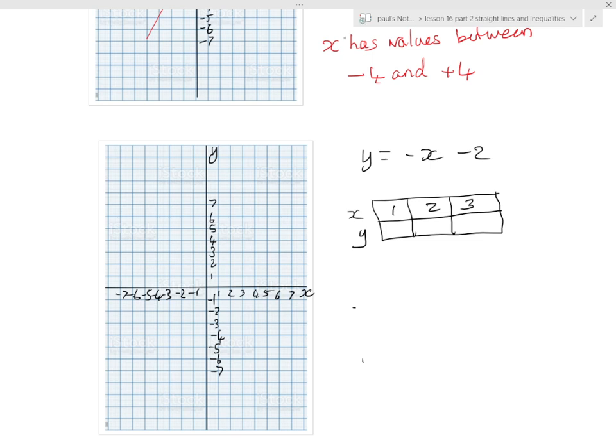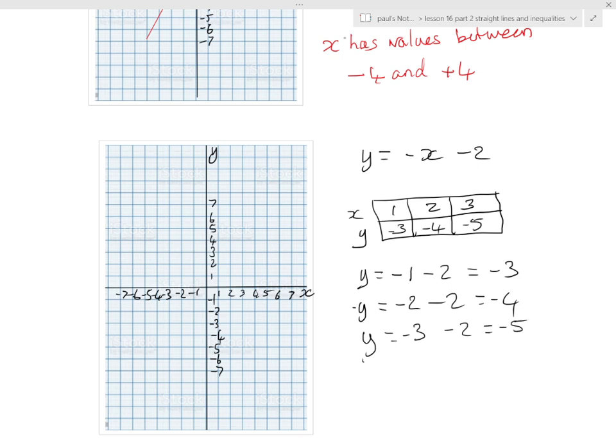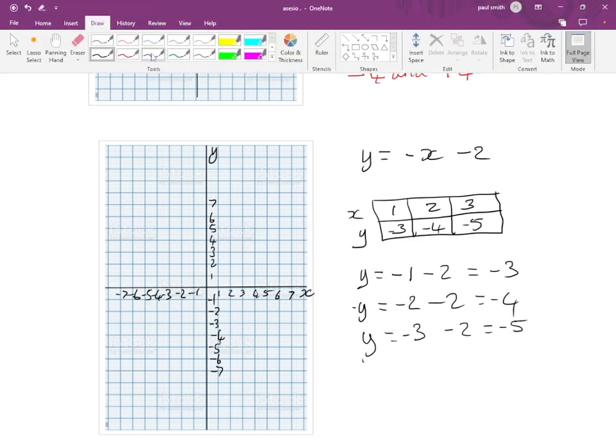So y equals minus 1 minus 2, which equals minus 3. You'd put a positive 1 in there, but you still have the minus sign, so don't forget that. Second one, y equals minus 2 minus 2, which equals minus 4. And y equals minus 3 minus 2, which equals minus 5. And there's our 3 little coordinates that we can plot.